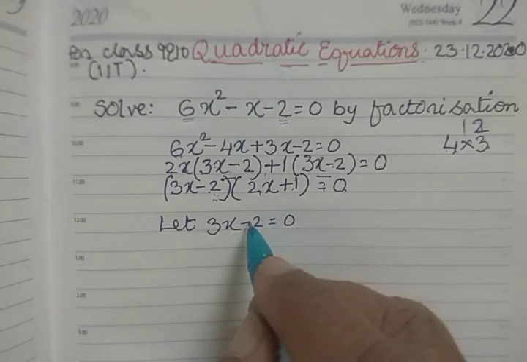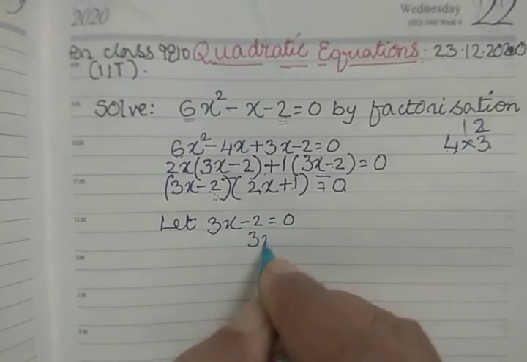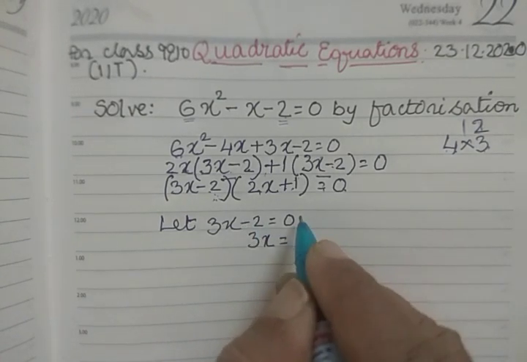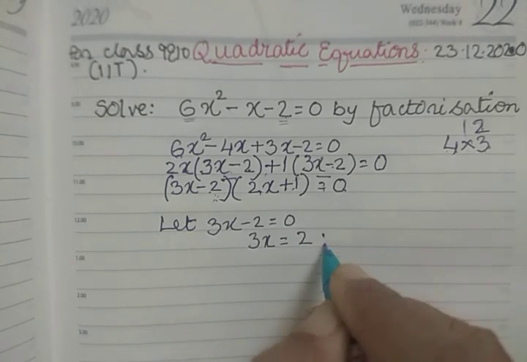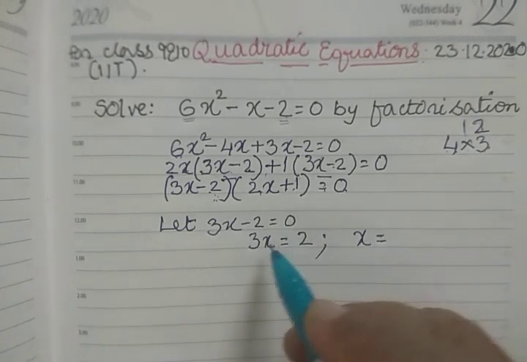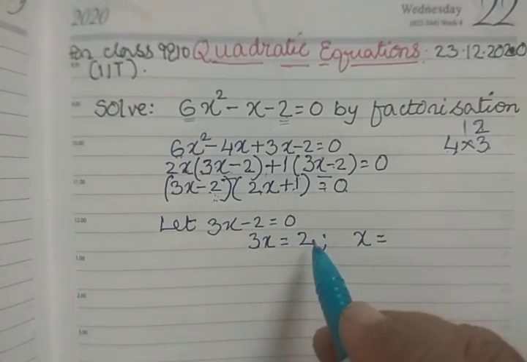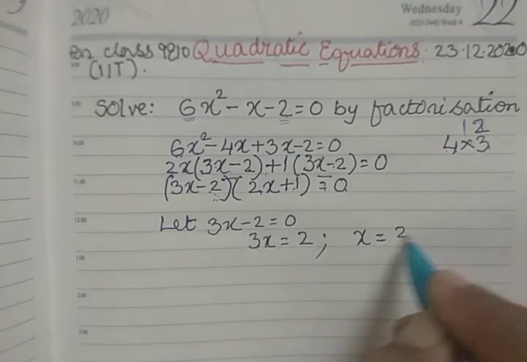Let us take this minus 2 to the other side. 3x is equal to 2, since when it goes to the other side it becomes plus 2. So x is equal to 2 by 3, because the 3 is multiplying, and when taken to the other side it divides.